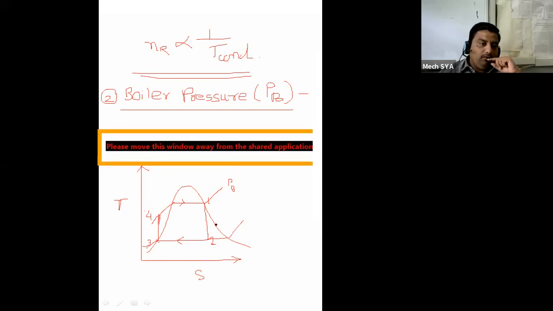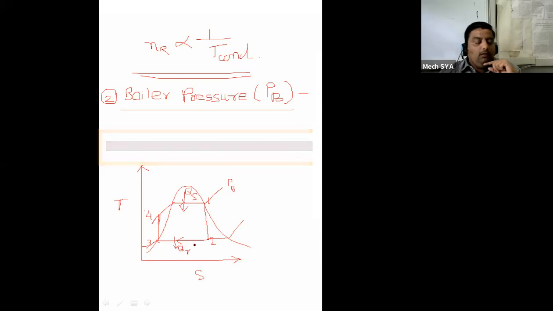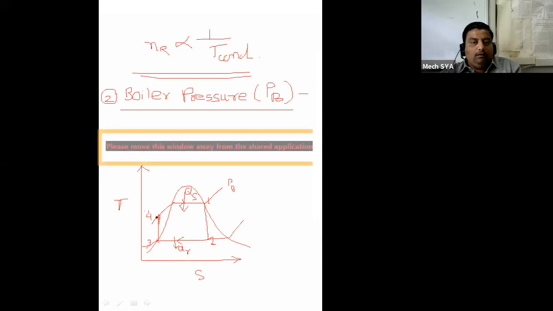Now before that, I will explain the polygon and the relationship between heat transfer and the polygon area. Now 4-to-1 is our heat supplied process. In the boiler we are supplying the heat. Remember that under the TS diagram, Q is equal to TDS.